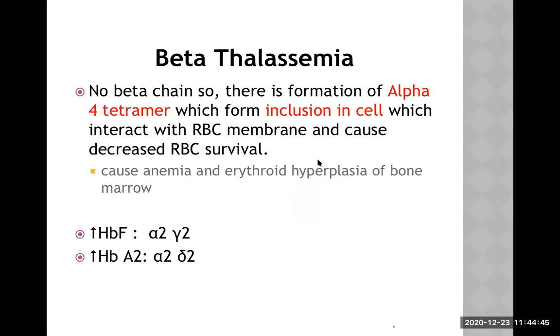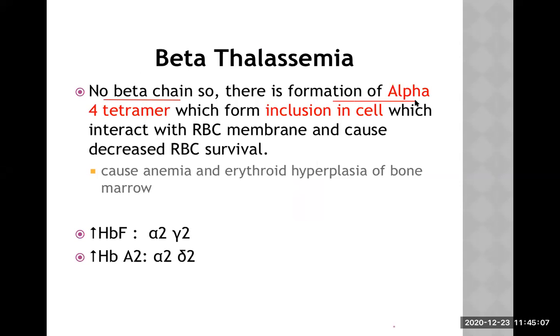Only alpha chains are there. That is a quite abnormal type of hemoglobin. On the other hand, if it is a carrier state or heterozygous state, some amount of beta chain is going to form, but that is not enough. Let's talk about it. So there is no beta chain here.